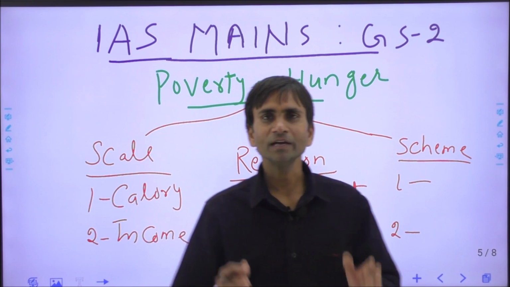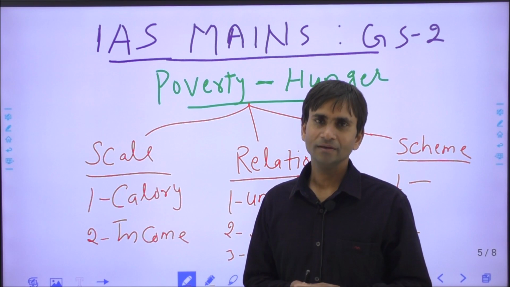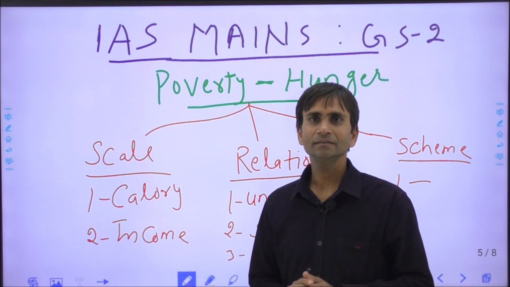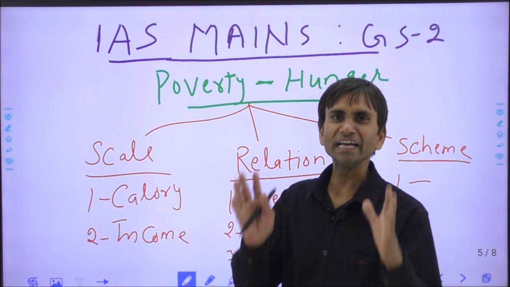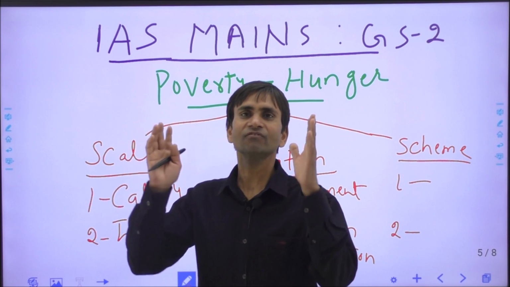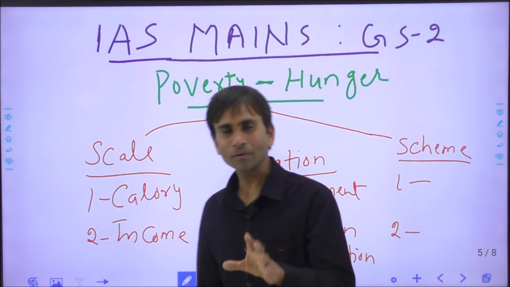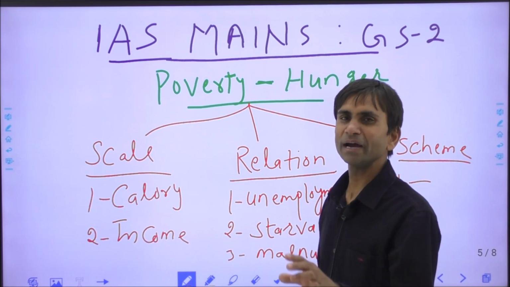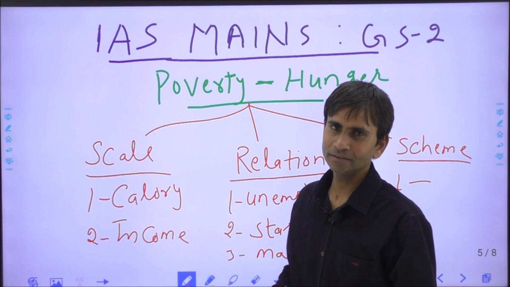Simply, what do you mean by poverty and who is a poor person? A person who does not have sufficient income or money to arrange basic facilities to survive. The problem is to determine the level of poverty in India.